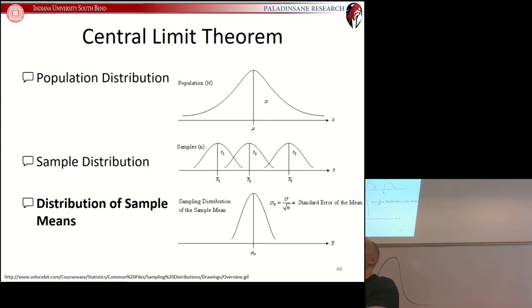Well, that's all well and good, but we started off this whole exercise by saying that we don't know anything about the population, right? That's one of the challenges of doing psychology. So what good is the distribution of sample means that we can figure out based on information from the population going to be if we have no information about that population?